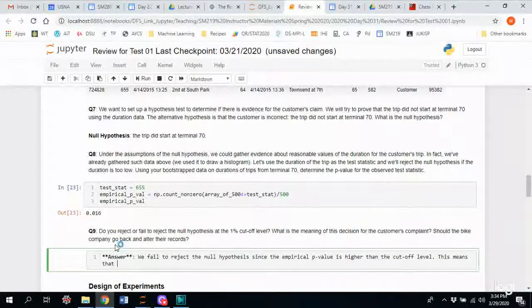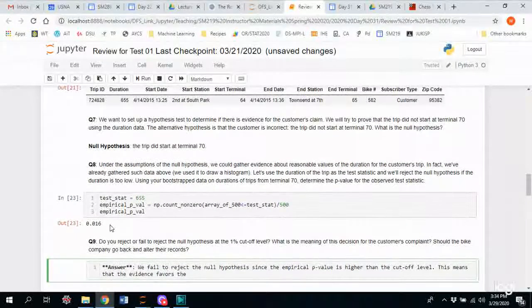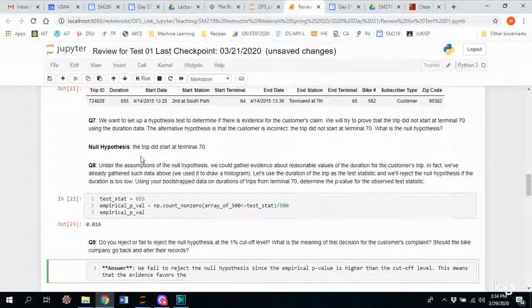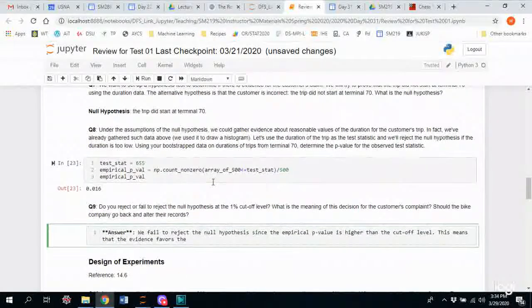This means that the evidence favors the null hypothesis. The null hypothesis is that the trip did start at terminal 70, so the evidence favors the hypothesis that the trip did start at terminal 70.